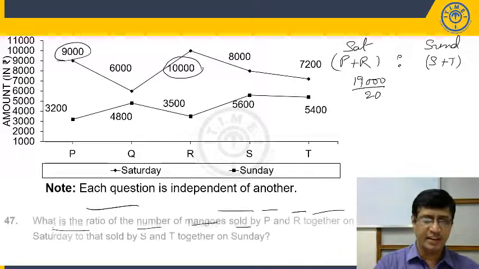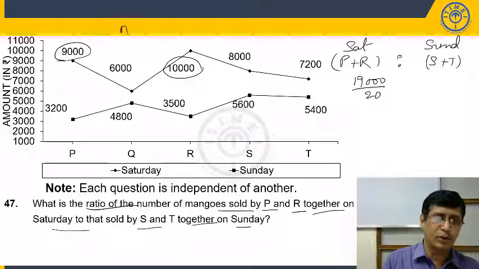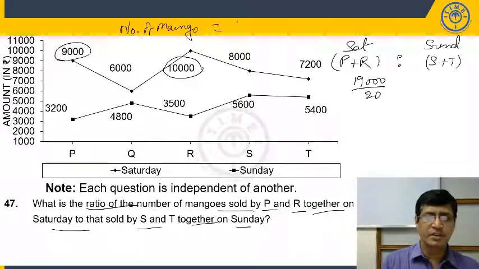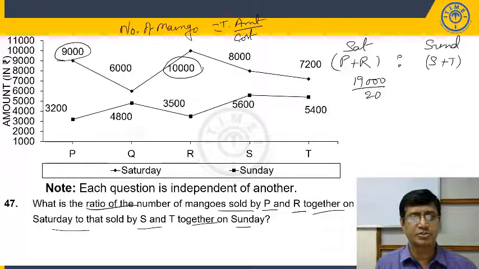What is asked here? He is asking to find the number of mangoes. So, the number of mangoes we get by using this formula: total amount by cost per article.